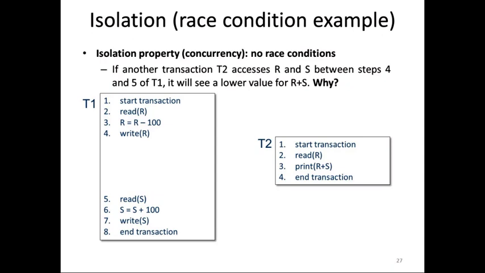If we pick this schedule, and by the way, this is what we'll call a schedule in the context of concurrent executions of transactions, if the system picks this schedule, well, what will happen? We will have a so-called race condition.